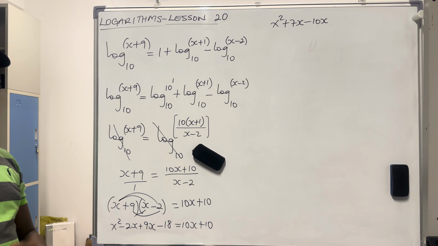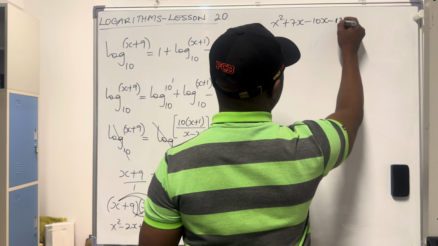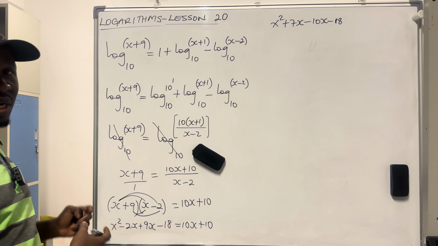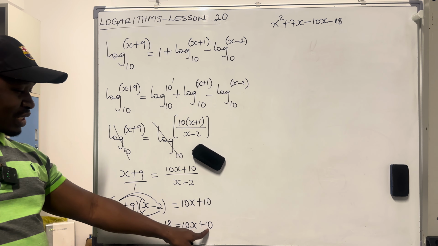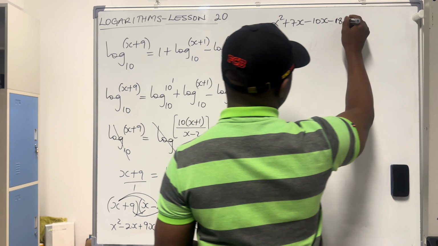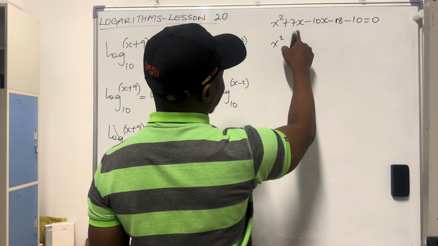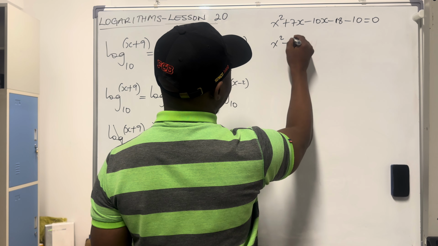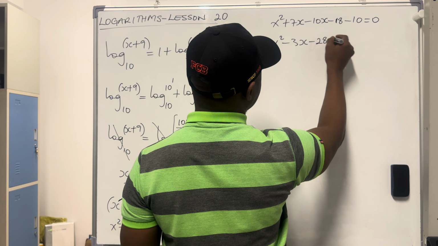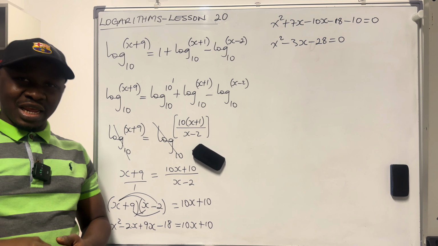We are done with the x terms. This is minus 18. Do we need to change the sign of minus 18? No, because it is still on the left hand side. Now let us bring 10 to the left, and this sign has to change: minus 10 equals 0. So x squared, this and this is minus 3x, and this and this is minus 28 equals 0. I hope it is clear.